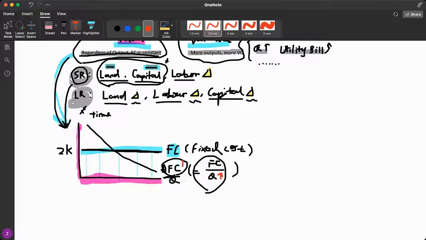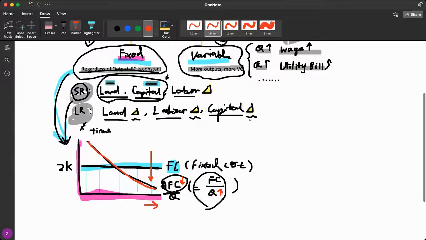So that would be a downward sloping curve, as you see. When the quantity increases, the average value will decrease. Compared to average variable cost, average fixed cost is pretty straightforward and simple, because we have to take the law of diminishing returns into consideration if we want to understand average variable cost.